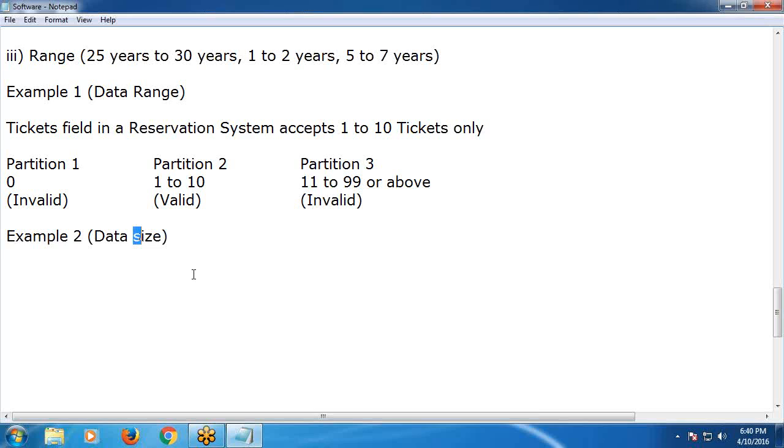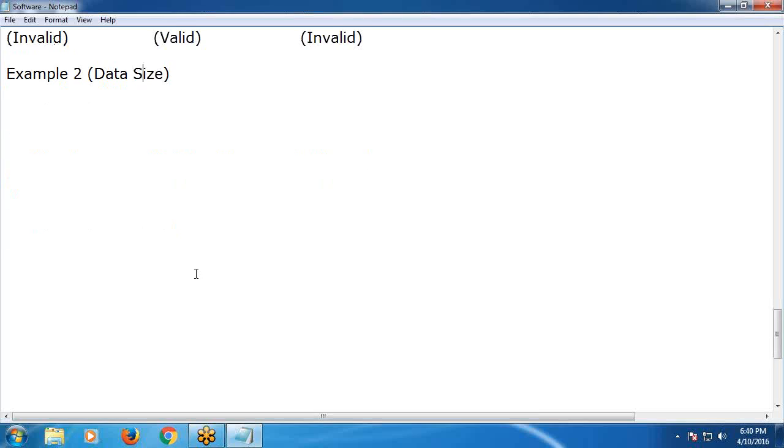Suppose the phone number field accepts 10-digit numeric values. That is our requirement. Here 10-digit is size, numeric is type, so we need to focus on size and type. In our examples I am focusing on data factors one by one. Example 2, data type.